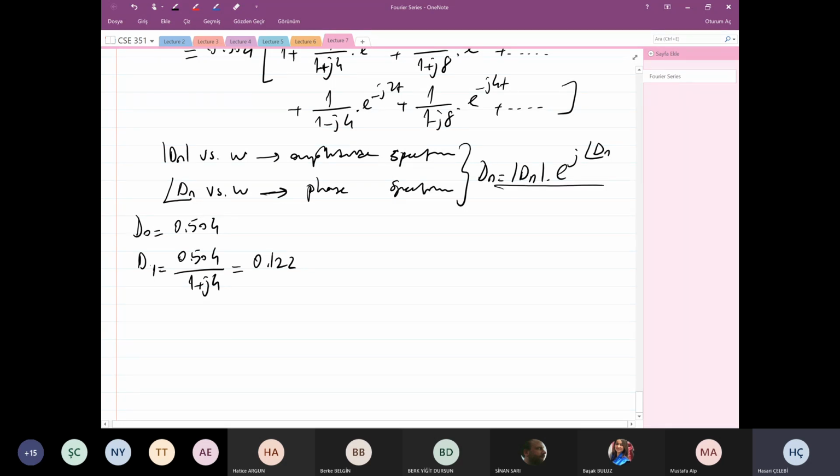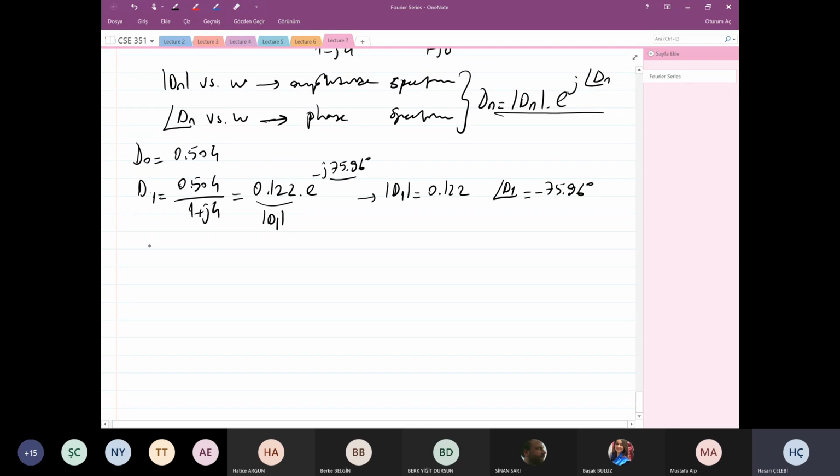This polar form, if you do this conversion for n equal to 1, is going to be 0.122 times exponential minus j 75.96. So the D1 amplitude is equal to 0.122, and this is my phase information of D1, which is minus 75.96.